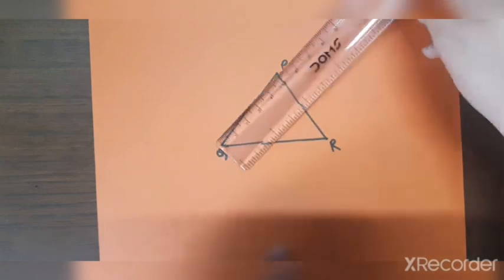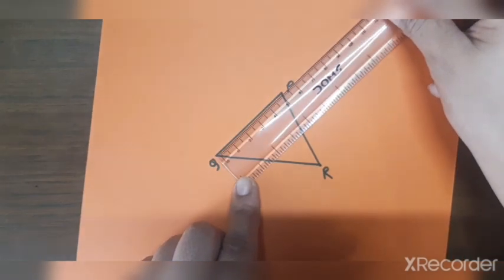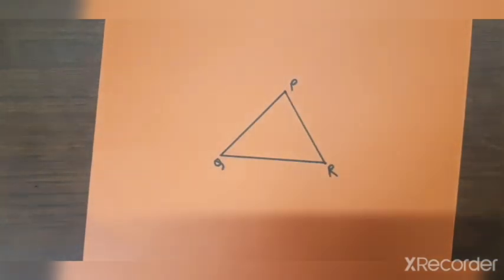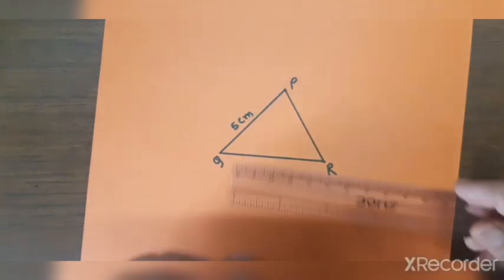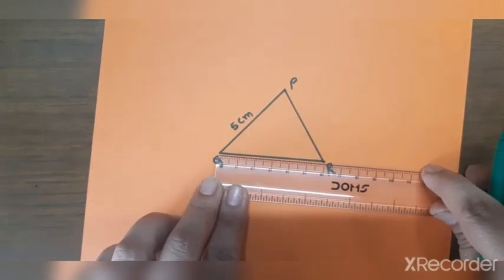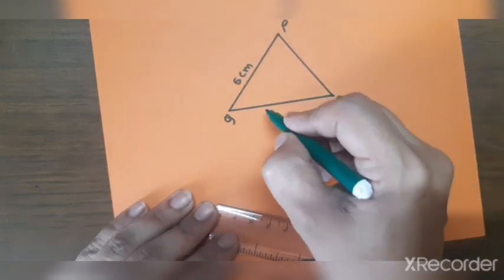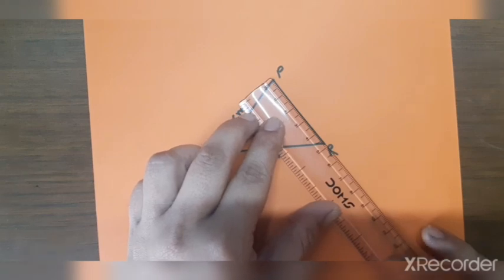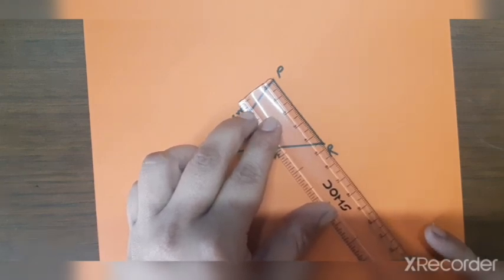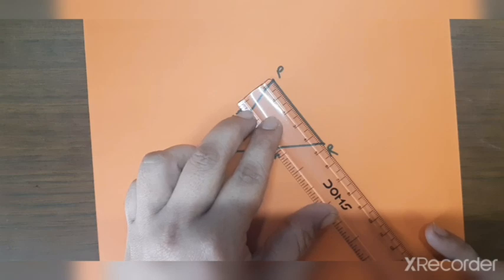With the scale, this is 5 centimeter, so we write here 5 centimeter. QR is 6 centimeter. And this is around 4.5 centimeter.